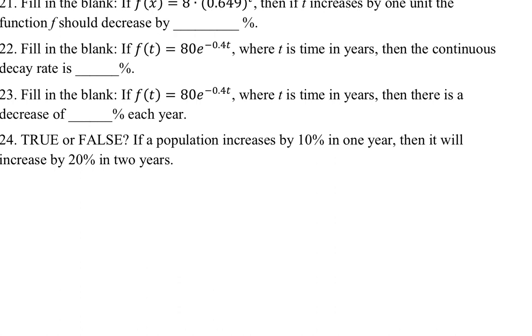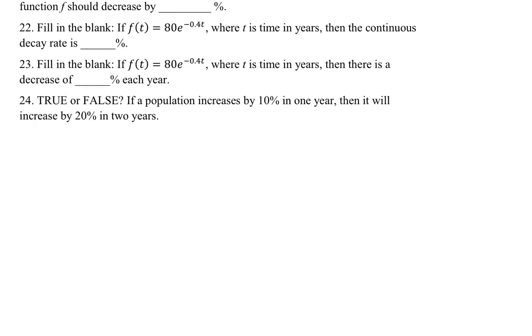So to see the percentage we've decreased over the 3 years, instead of y, I'll call this p of t, just to make this seem a little more official. I'll take p of 3 and divide by p of 0.